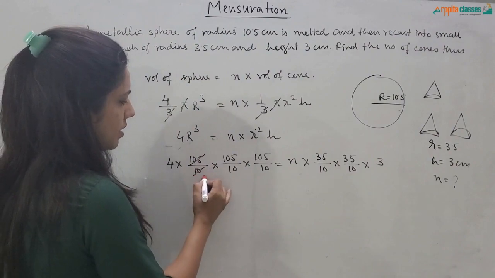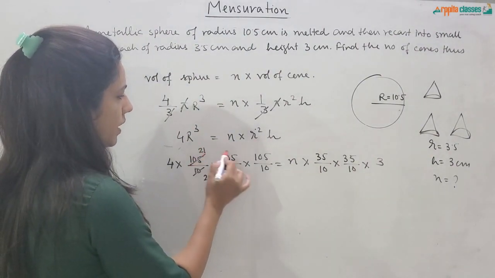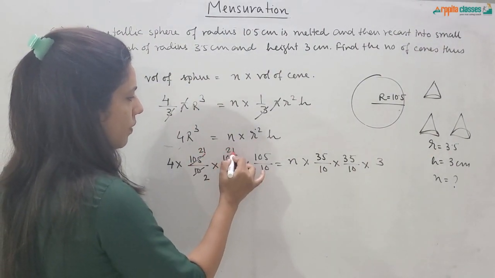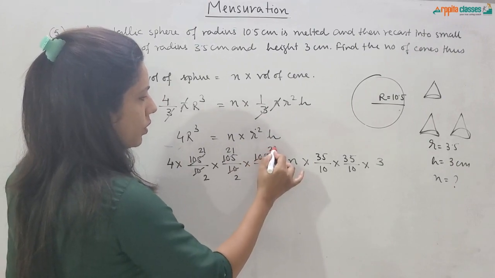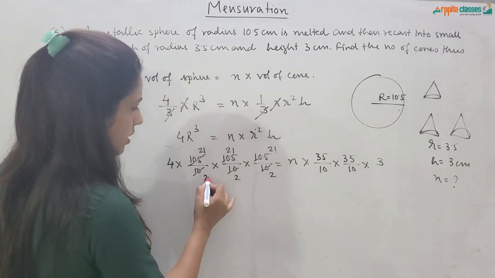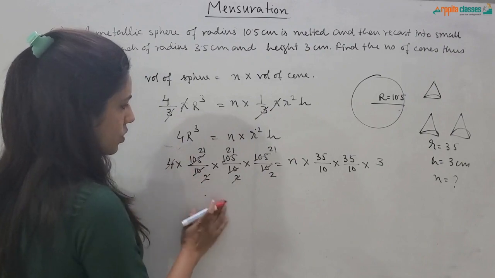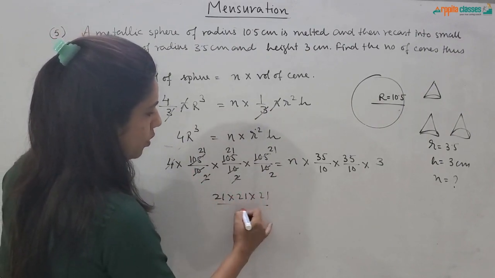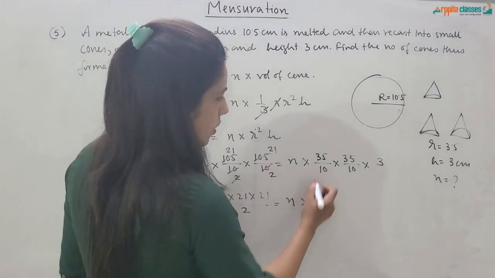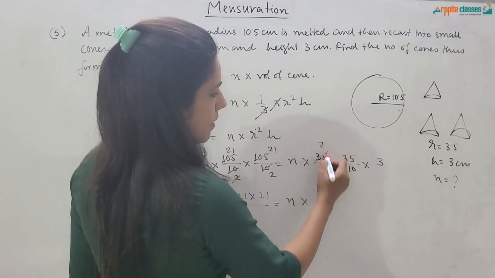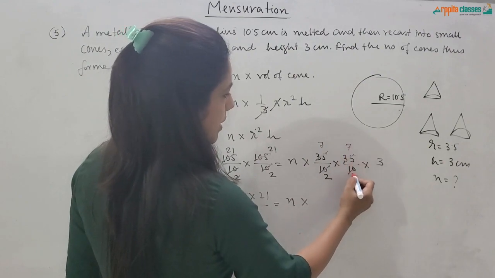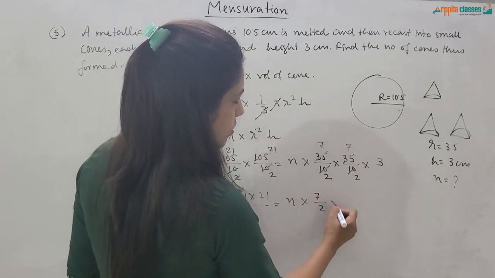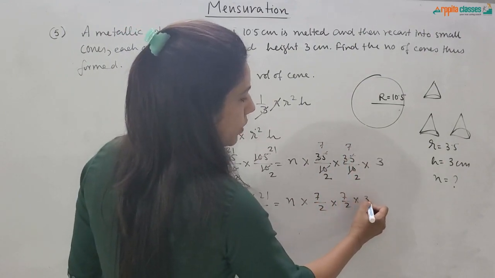We can cancel 5 to 5, 21. So this will be 21 upon 2, and this will get cancelled also. So I am getting 21 into 21 into 21 upon 2 is equal to n into 7 by 2, 7 by 2, into 3.